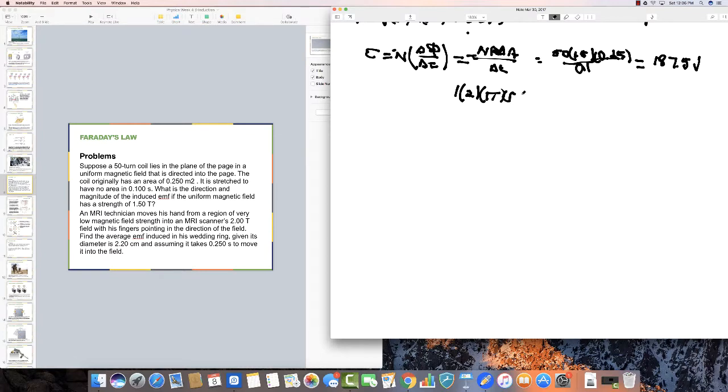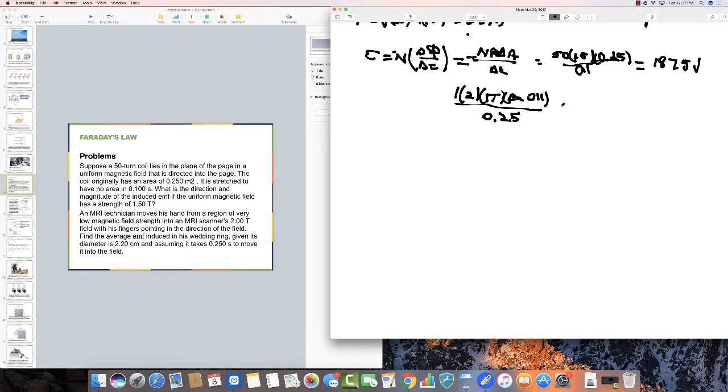The diameter of the ring is 2.2 centimeters, so the radius is 1.1 centimeters, or 0.011 meters. And this all occurs in 0.25 seconds.